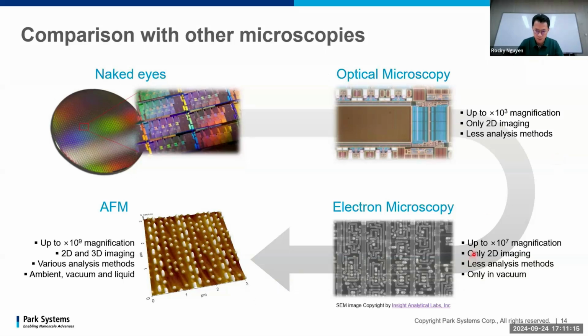However, electron microscopy can only measure in the vacuum environment, and also the information on the sample is limited to 2D only. So with AFM, we can reach a billion times magnification, down to nanometer or even sub-nanometer. And also, AFM collects the information on the sample in 3 dimensions, which allows much more insight into the sample analysis.